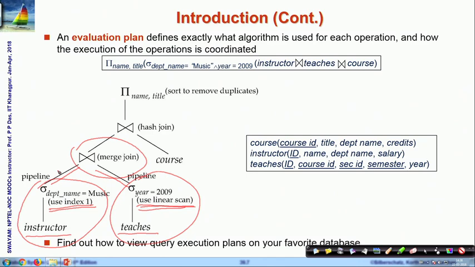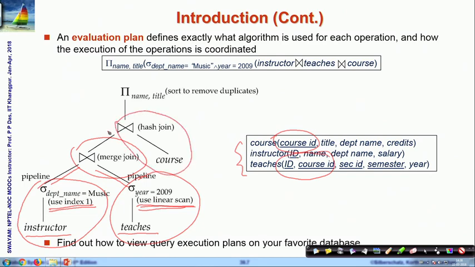Then this join result would be joined with course, which is already indexed on course ID, and this joined relation of instructor and teaches will have ID and course ID on which they will have an index. So, we can use a hash join on that.